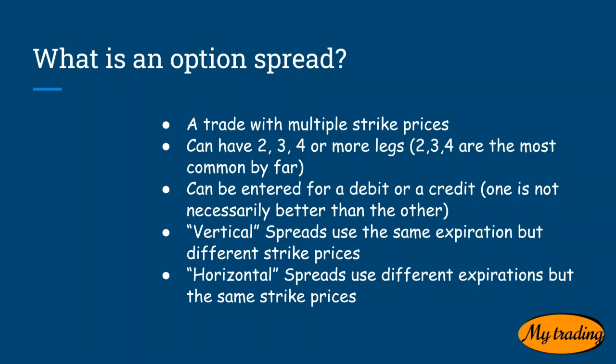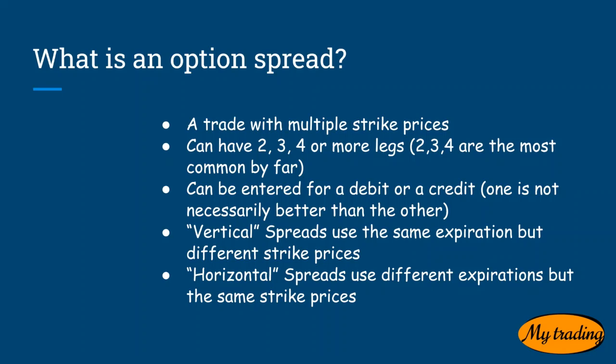You'll also hear terminology about the spreads. Often they're called vertical spreads or horizontal spreads. The terminology just comes from the way option chains are often laid out. Often you have a vertical, up and down line where all your strike prices are. So if you use the same expiration but different strikes, they're along a vertical line.